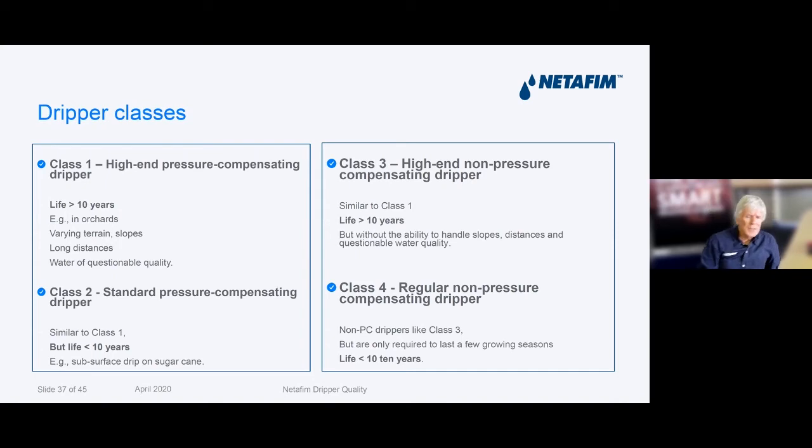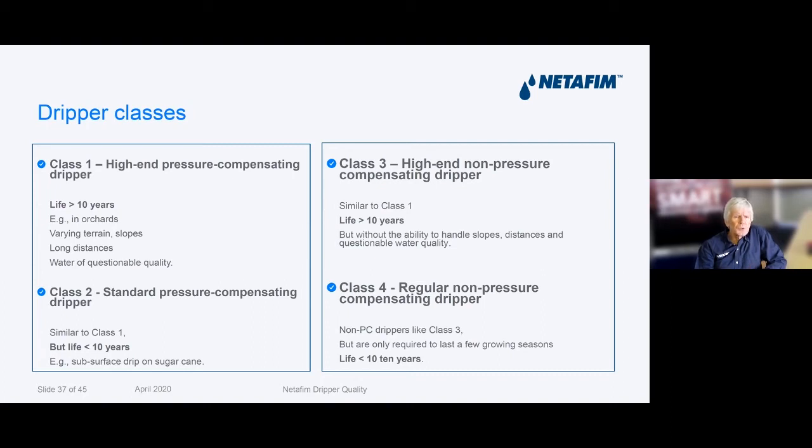Now, when we look at this in comparing drippers, not all drippers are used for the same purposes. We've divided things up into class 1, 2, 3, 4. The numbers don't really mean much, but what is important is the description. A class 1 dripper is a pressure compensating dripper and it's got to last over 10 years.